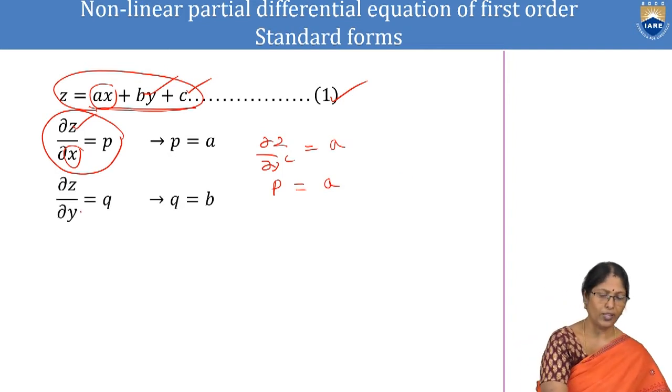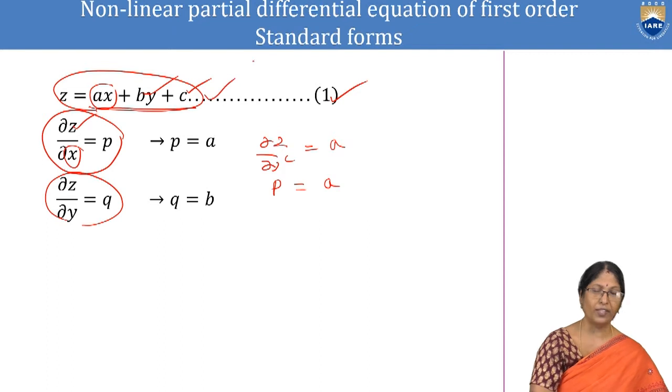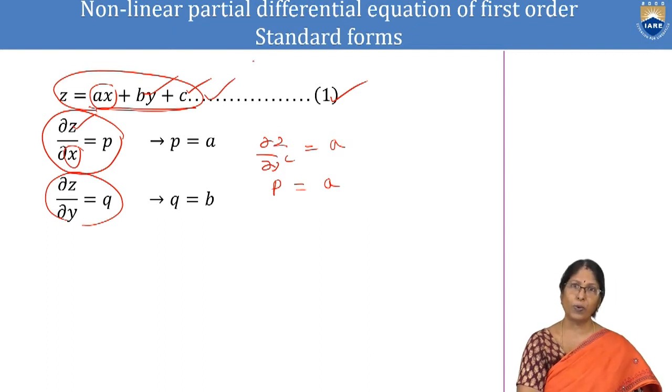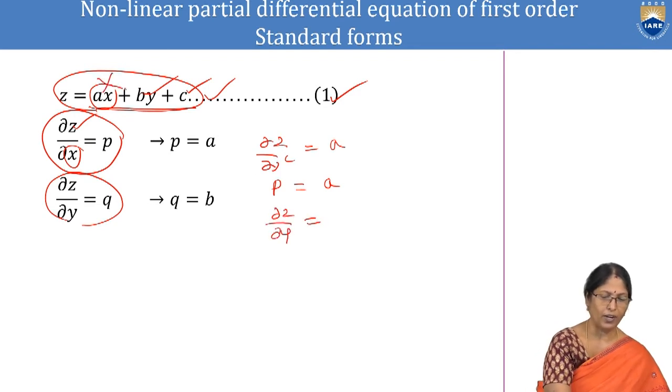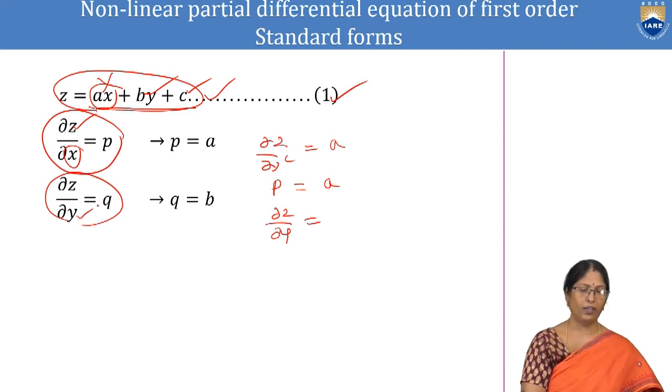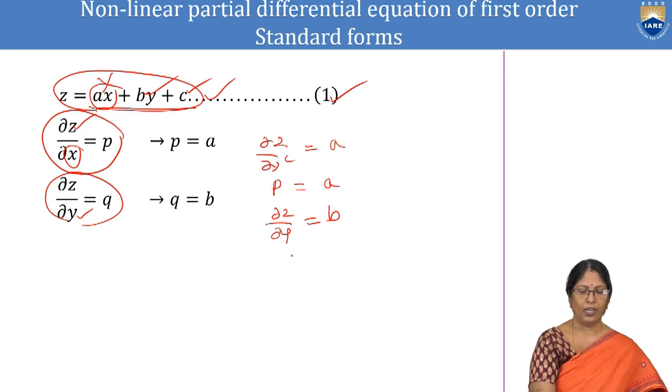Next, dou z by dou y, the notation is q, and we differentiate equation 1 with respect to y. The other terms are neglected as we are considering the variable y, so dou z by dou y equals b, that is, q equal to b.